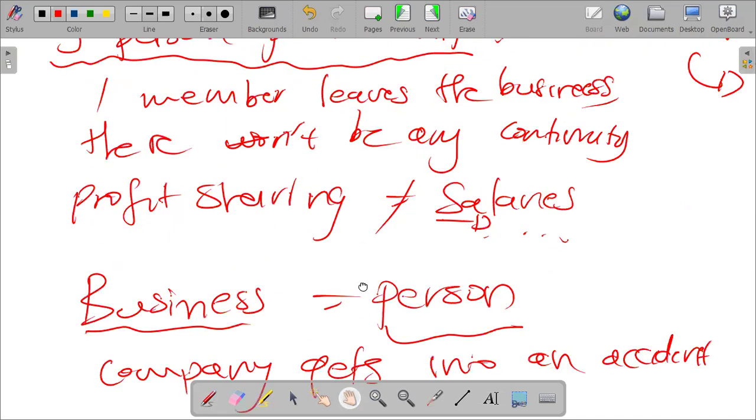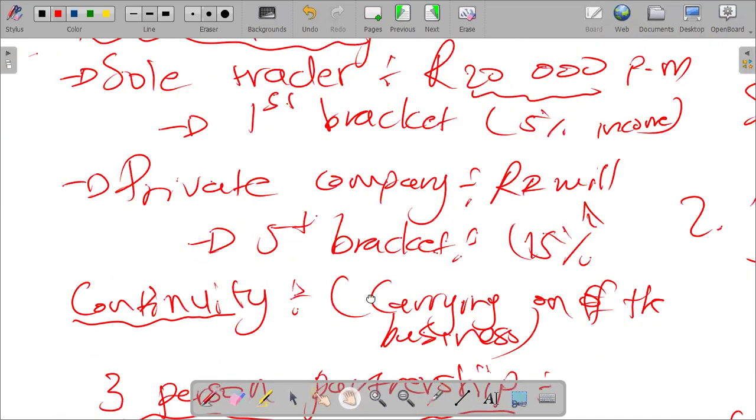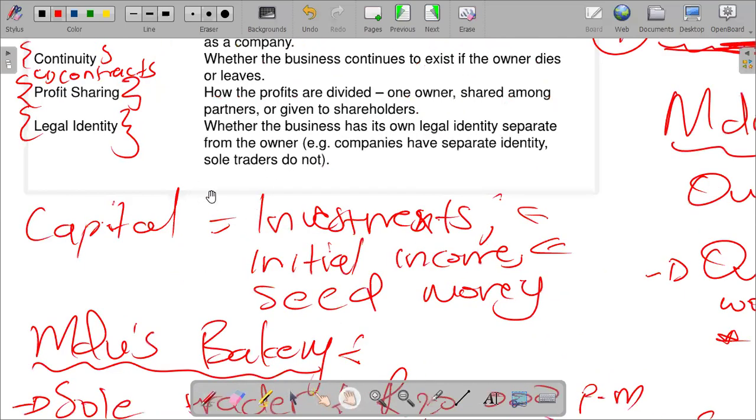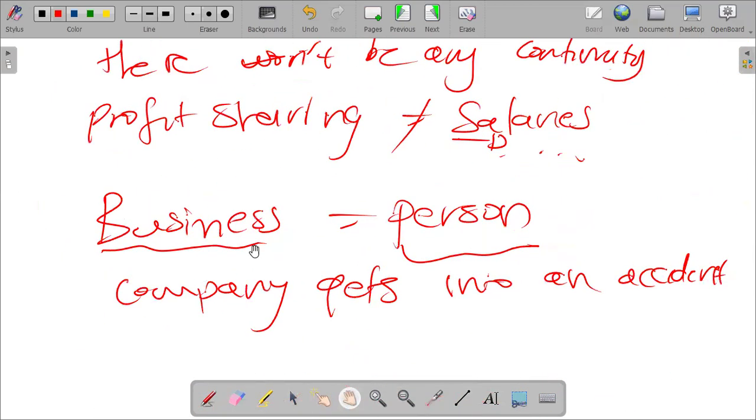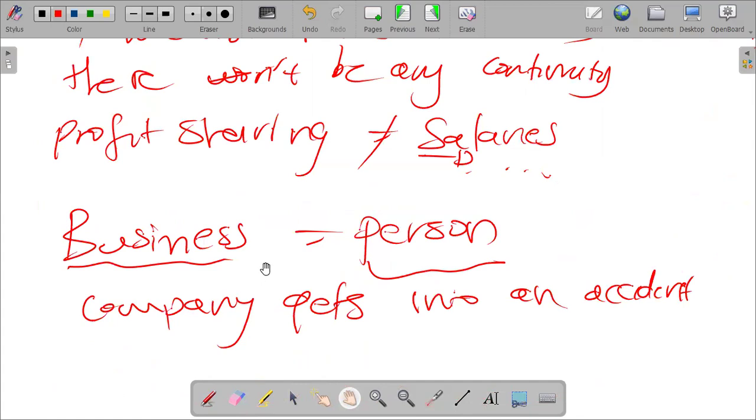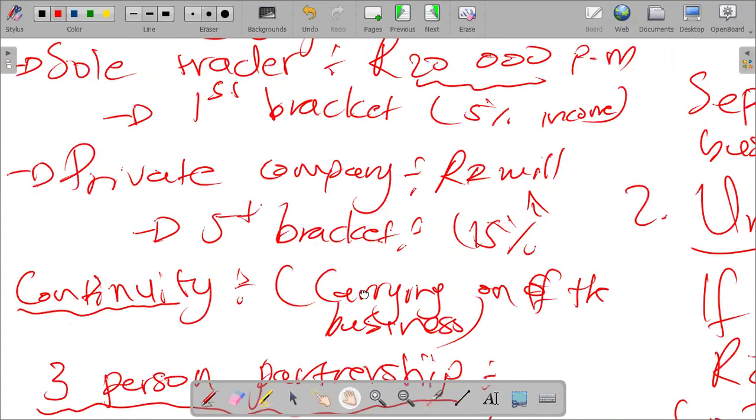So what the legal entity simply means is whether the business has its own legal entity, will it represent itself in the case of that accident? Because now it involves the business. The person or the business owners did not commit the accident, but the company did commit the accident.